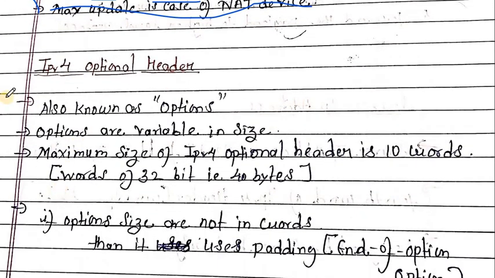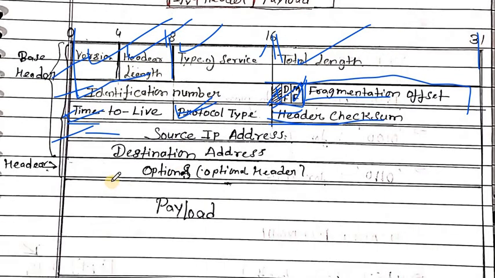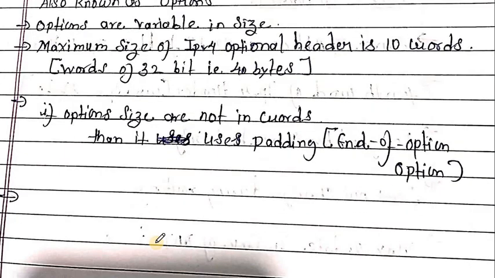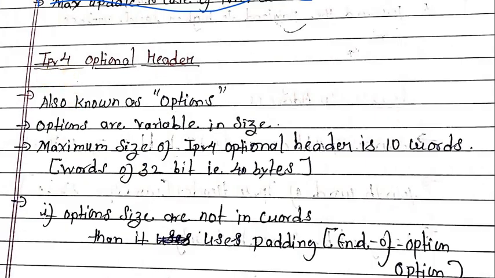Now the sixth word is the optional header, also known as options. This is the sixth word of the IPv4 header. It is variable in size.